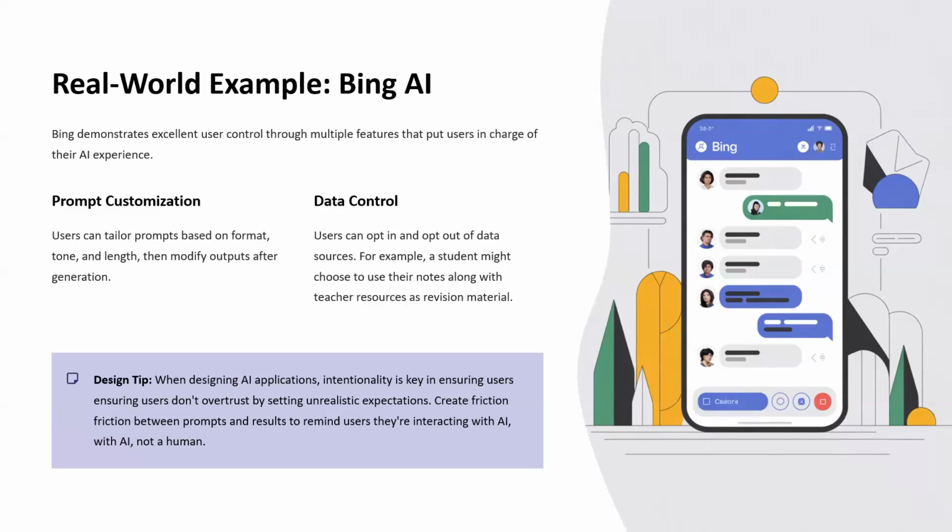A design tip: when designing an AI application, intentionality is key in ensuring users don't overtrust by setting unrealistic expectations. Create frictional prompts, creating friction between prompts, which reminds the users that they are interacting with AI and not a human being. So all this is just saying that when designing the user interface, there are certain things we need to keep in mind.